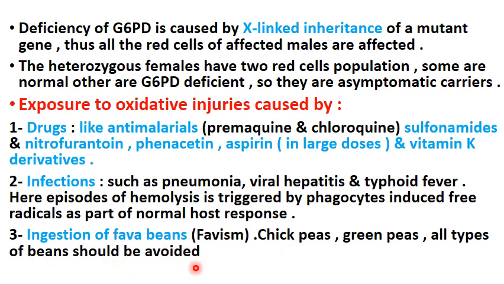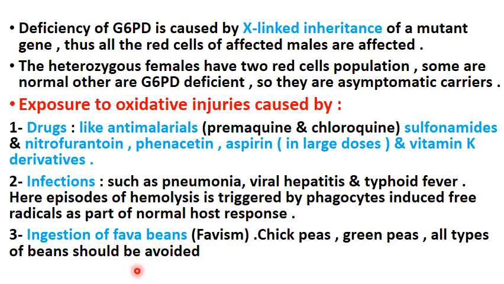The most common oxidative injurious agent commonly used in the community that leads to hemolysis in those patients with G6PD is fava beans, الباقلاء, الفول.